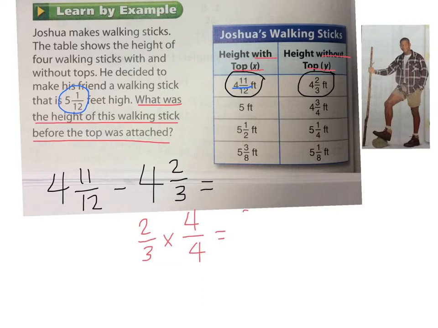And so you got 8/12. Did you need to change the mixed number 4 11/12? No, because it already had 12 as the denominator. Oh yeah, you didn't need to change 4 11/12. So let's rewrite the equation now, okay? So it's 4 11/12 minus.